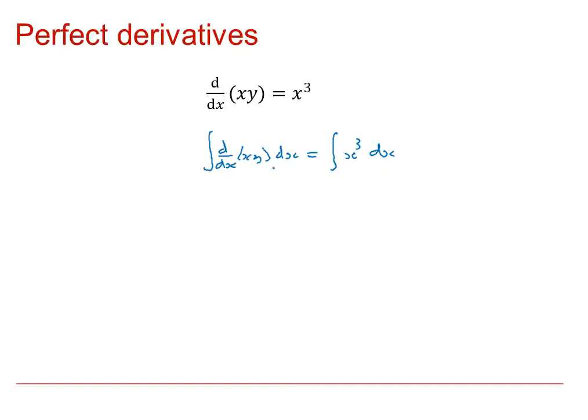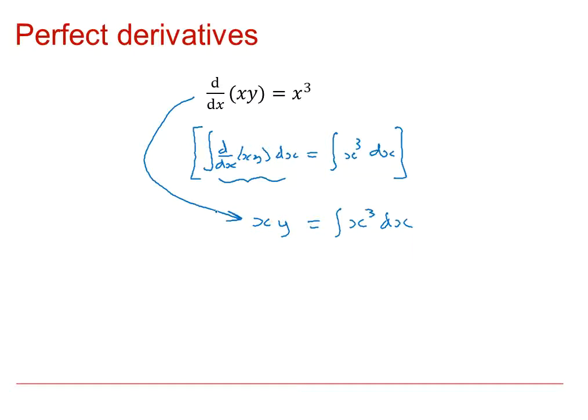If we integrate the derivative of xy with respect to x, then we go back to xy is the integral of x cubed dx. So this more formal line of work can be omitted quite safely, and we can go straight from the derivative of xy equals x cubed to xy must be the integral of x cubed dx.